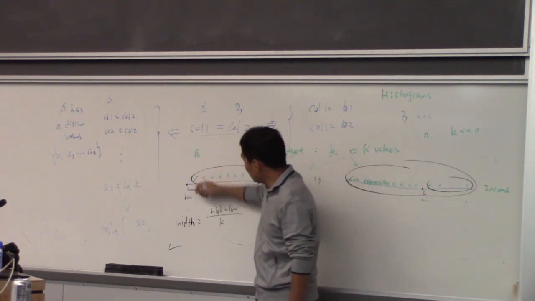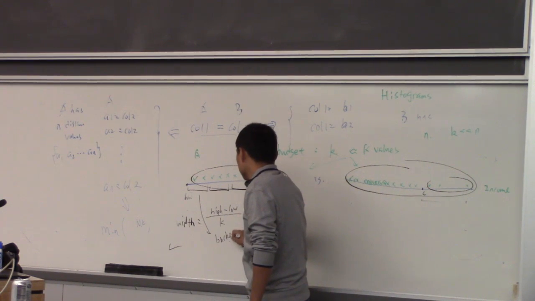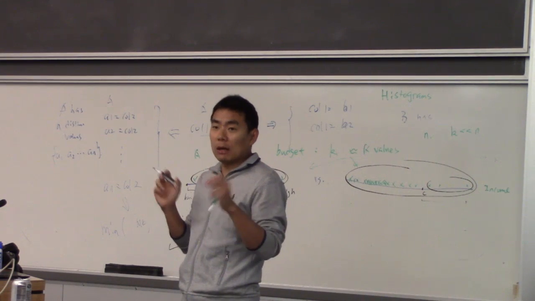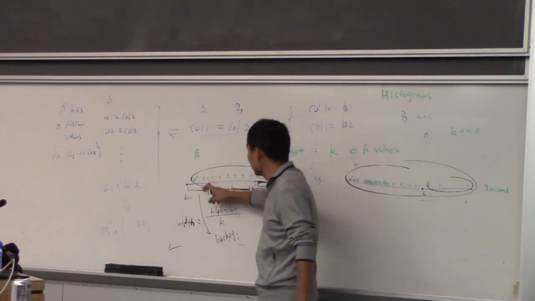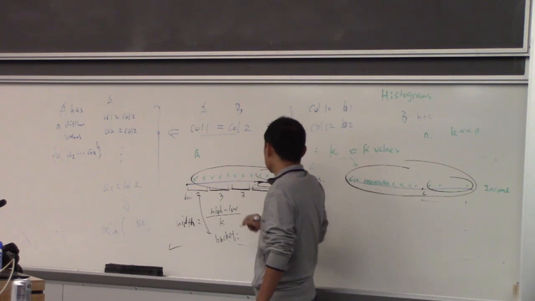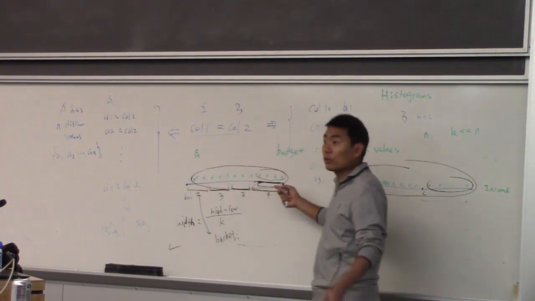This is what we call a bucket. And for each bucket, you maintain the number of points, the number of records within that bucket. In this case, the first one would be 2, then 3, 3, and 4, something like that. So it's roughly a uniform distribution in this case.